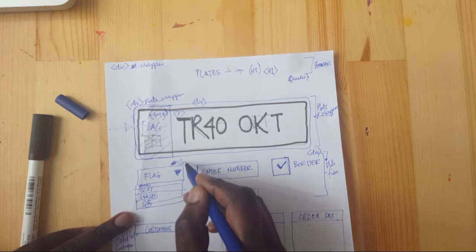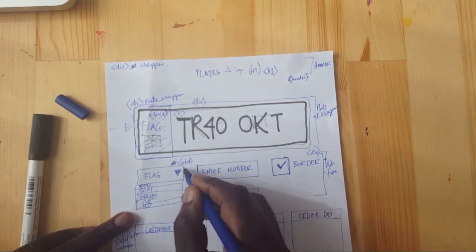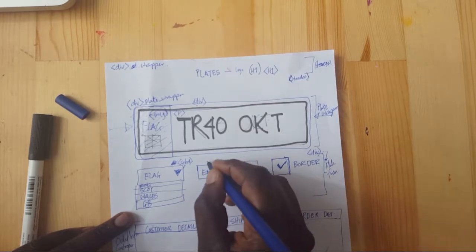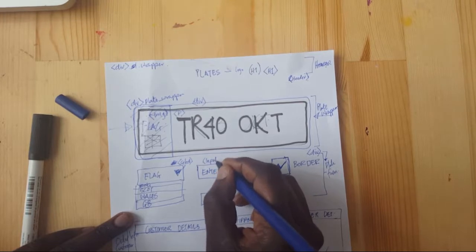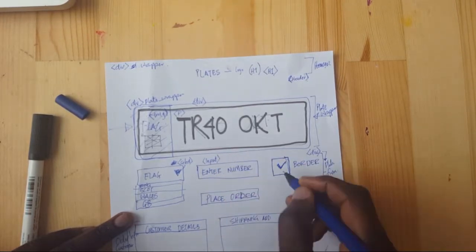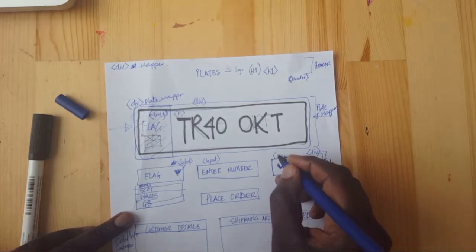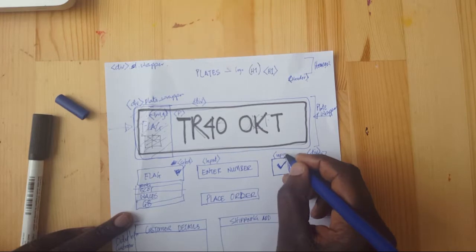We'll have a select, this one here, and this one will be just a normal input of type text, and this one will be a checkbox, an input of type checkbox.